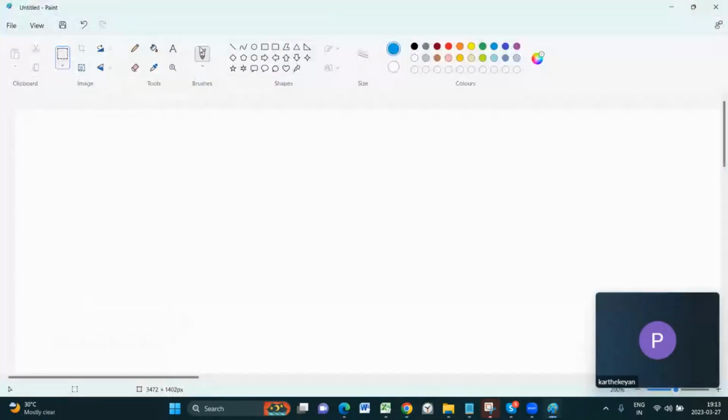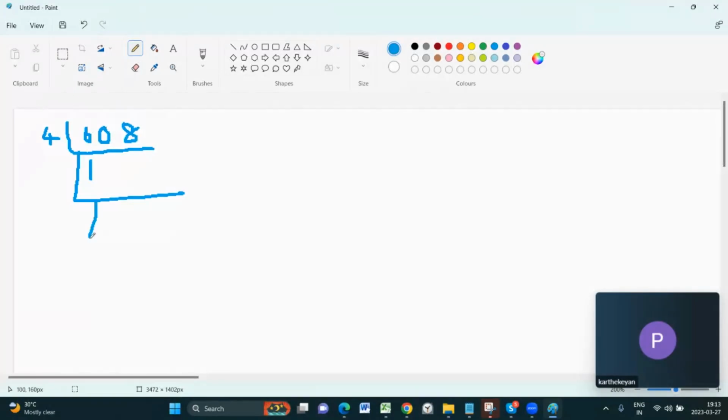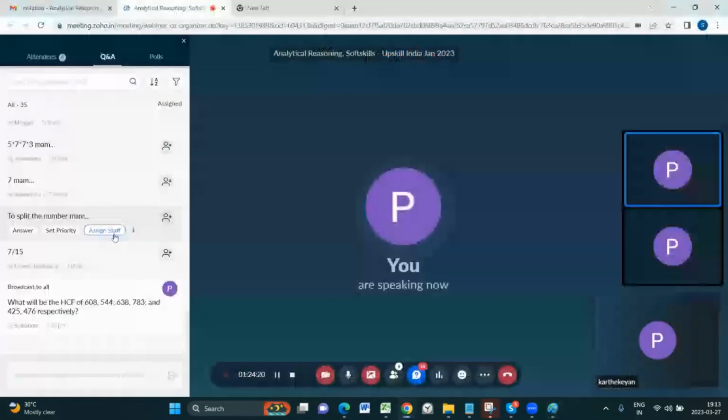608, 544. It goes by 4. Like that, you have to do the factorization for all the problems and then find the common factors and the highest among them. Now you will do it.